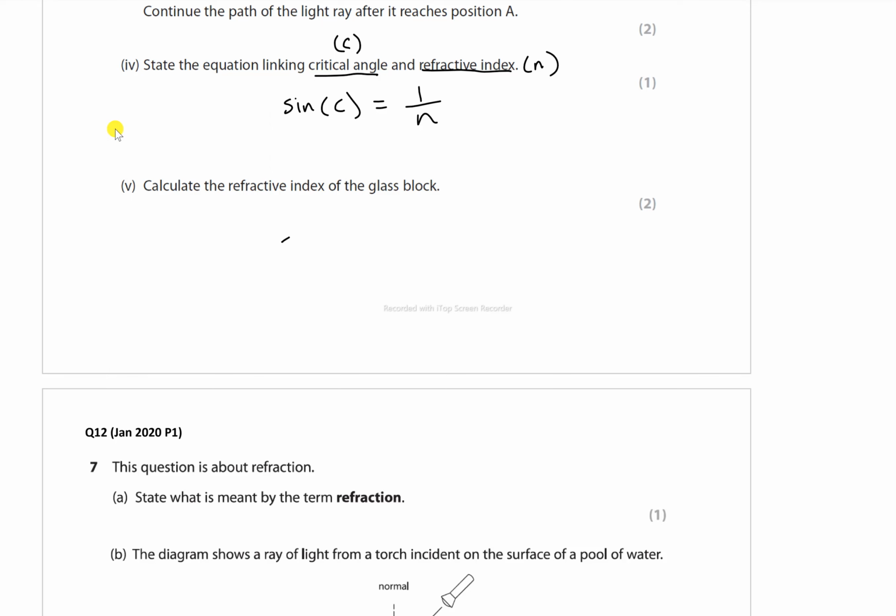So we know sine 40 equals, it's only a 2 marker, but we're going to get into the physics habit of doing everything. We write it out, substitute in its raw form, then we rearrange it, and the answer is 1.6.